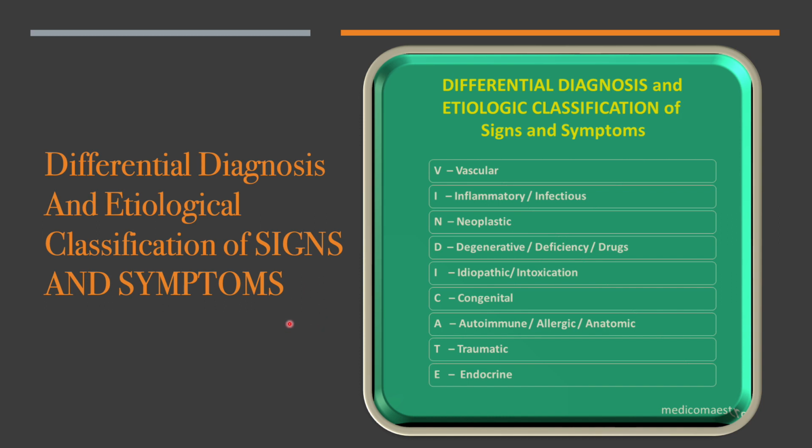So it's really important for you to memorize this, and you can use it for your reference. This is going to help you develop your differentials and arrive quickly at your most likely diagnosis, or help you confirm your diagnosis in a clinical setting.